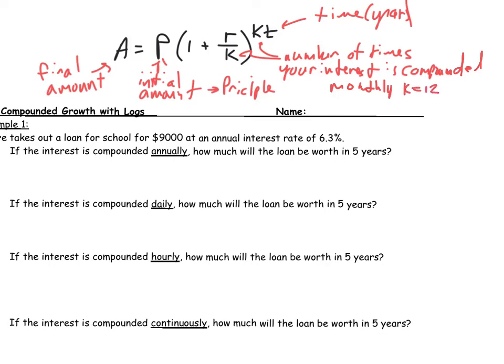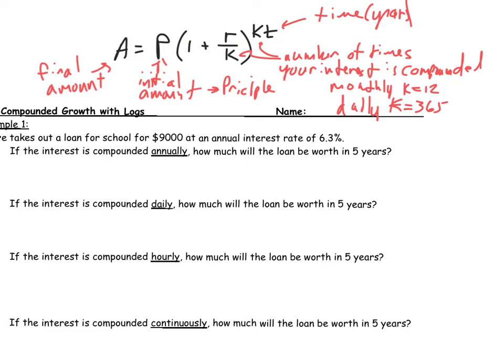If it said compounded daily, well, how many days in a year? There's 365, so then K would equal 365, just so you kind of know what's going on with this formula. It's a little bit more complex because you added the K in there, but that's the only thing.